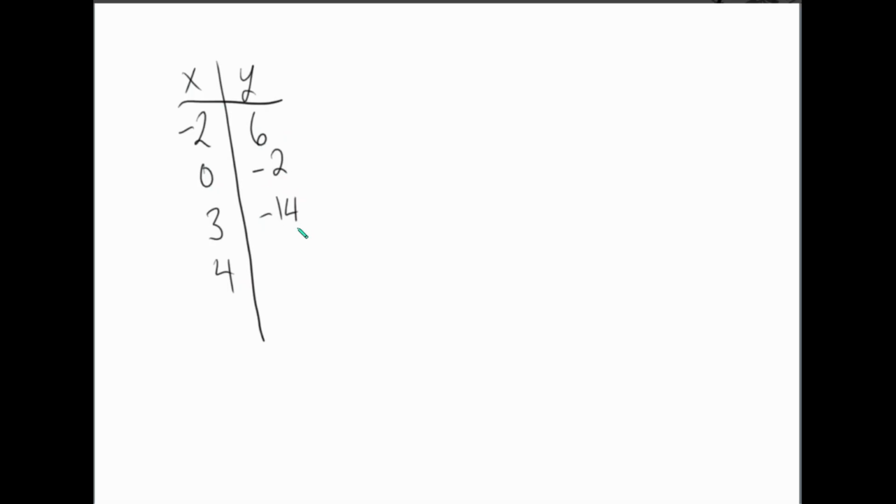So, here's my first table. That one came out kind of diagonal there. That's okay. It'll still work. Okay, let's go ahead and take a look at the other one over here.